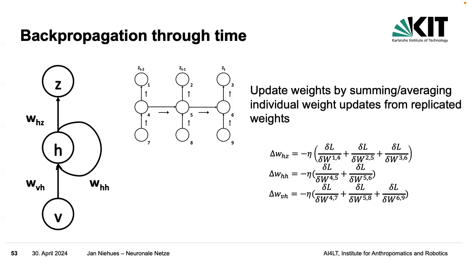So you have the weight VH here, which is between the input and the hidden. And that's occurring 3 times, between 4 and 7, 5 and 8, and 6 and 9, for example. That's also the same weight. That is the weight WHH in the middle line here. So that is, of course, the same. Because you don't know how long your sequence is, the weight between 2 hidden states has to be the same at each position.